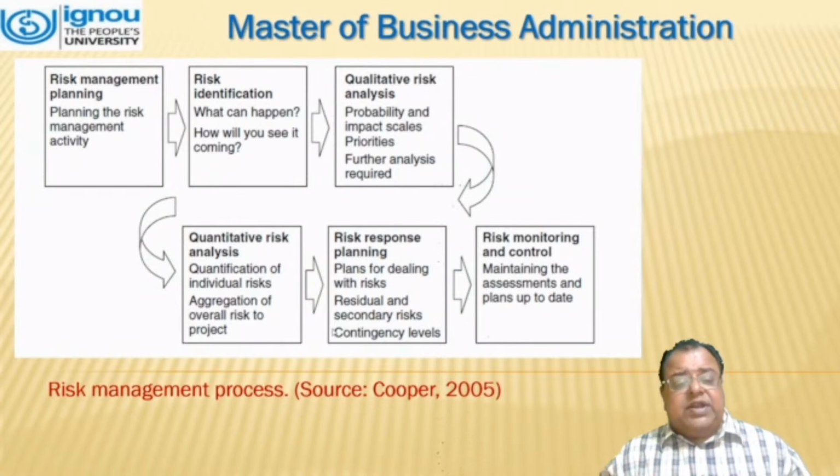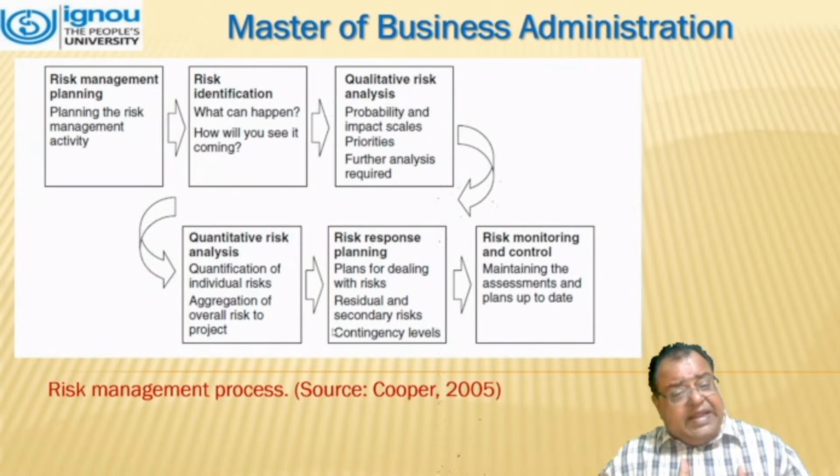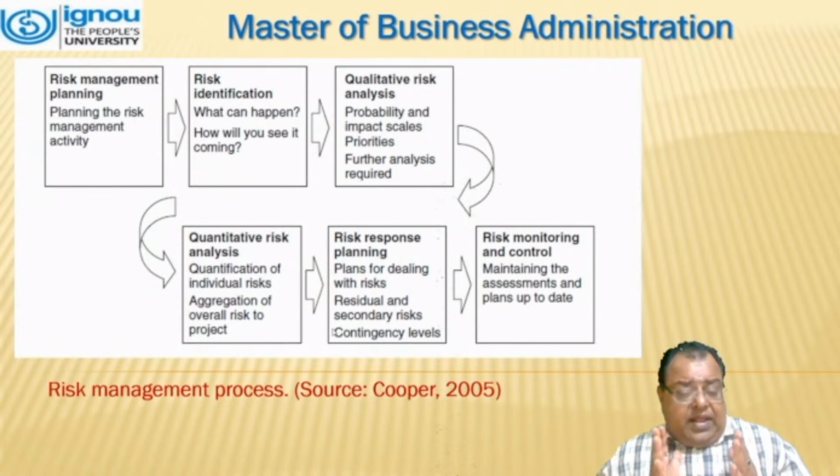Further, risk response planning, which is how to deal with the risk. That means a plan for dealing with risk is made, including residual and secondary risk, and the last one is the contingency level. When all these have been followed, the last step is risk monitoring and control, which is maintaining the assessment and plan up to date.